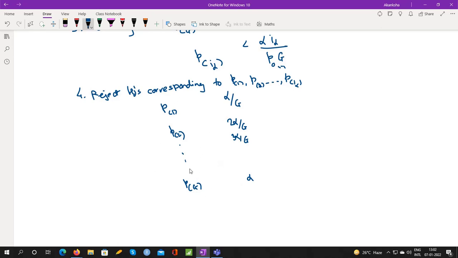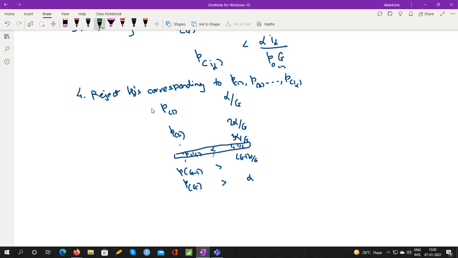Suppose now p ordered G is greater than alpha, then you check p ordered G minus 1. Suppose that is also greater than G minus 1 alpha by G, and so on. Somewhere you end up at a point where for the first time the relationship is reversed. So you have some p i alpha, and there the relationship is reversed.